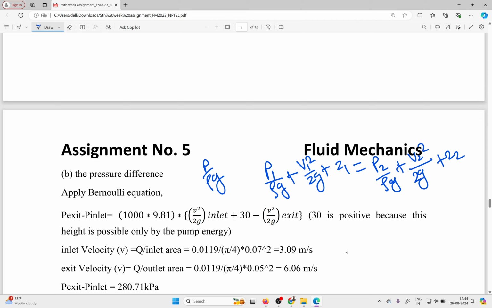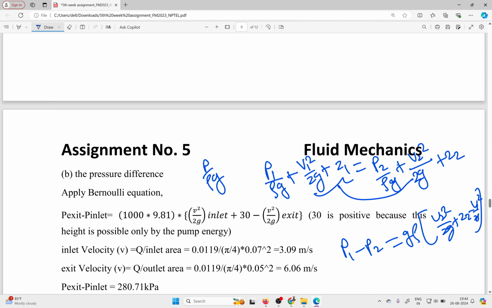You need to calculate P1 minus P2. So this entire thing goes to this side and P2 comes to this side, and the remaining rho g into V2 square by 2g plus Z2 minus V1 square by 2g.